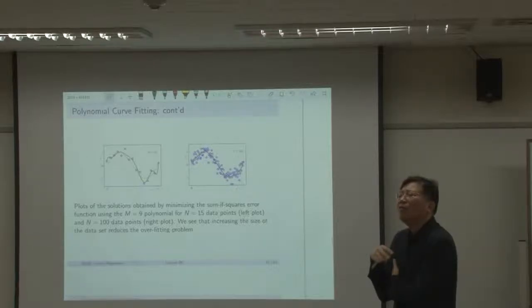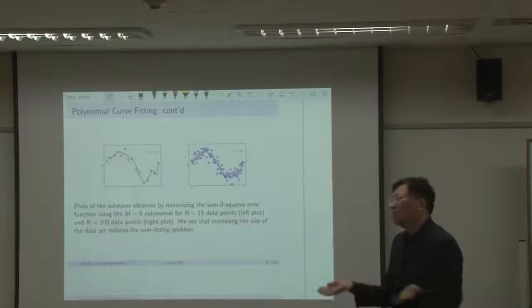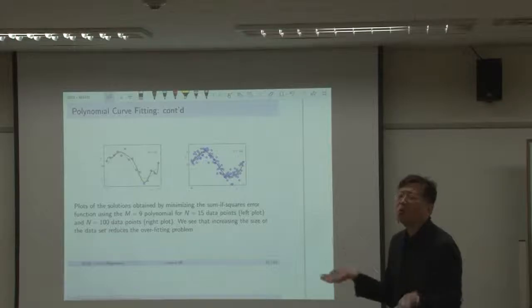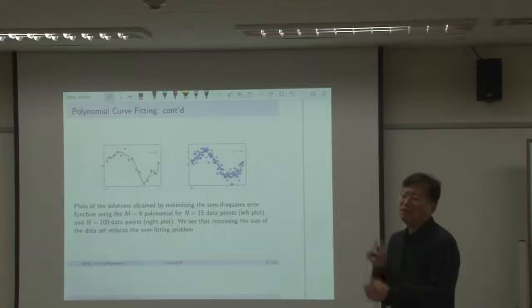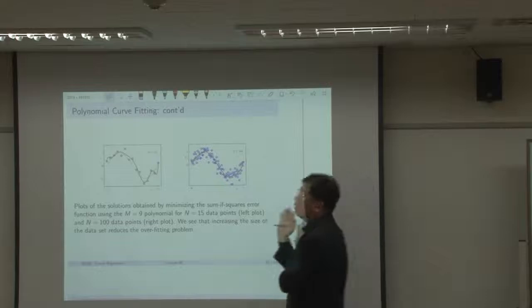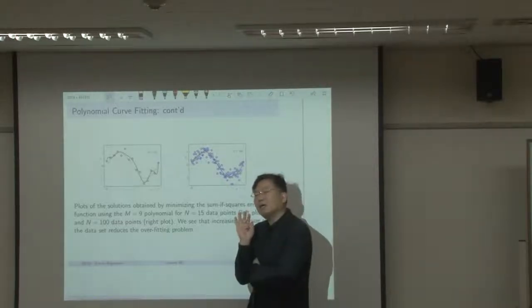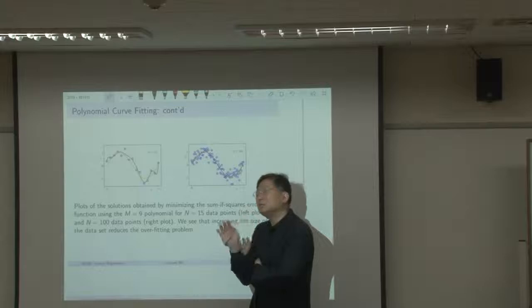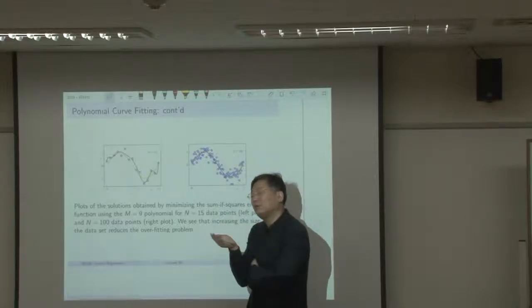If you have an infinite number of training data, then probably no overfitting. But we don't have an infinite number of data. We always have a finite number of data. So if you have a finite number of data, that puts a limit on what we can learn.